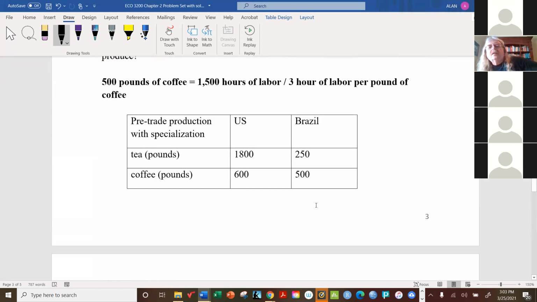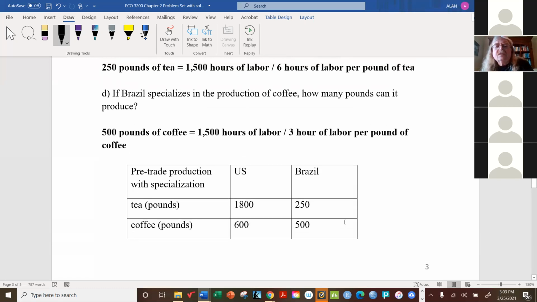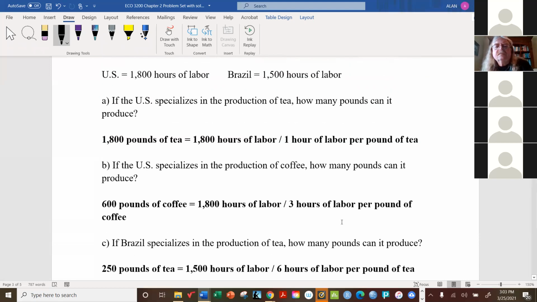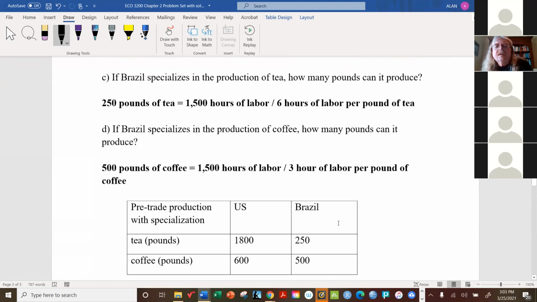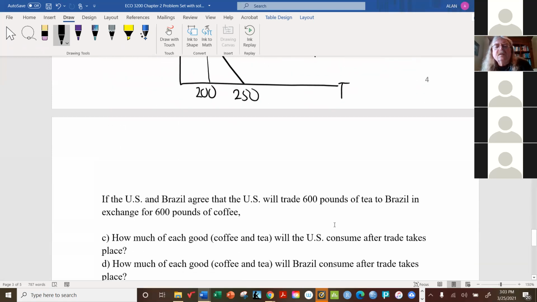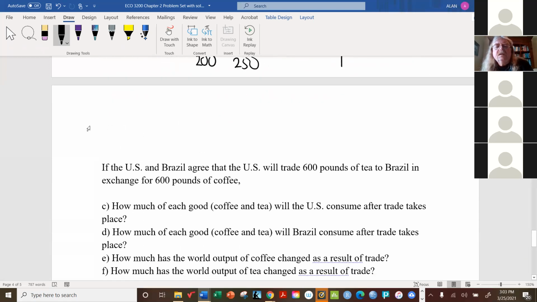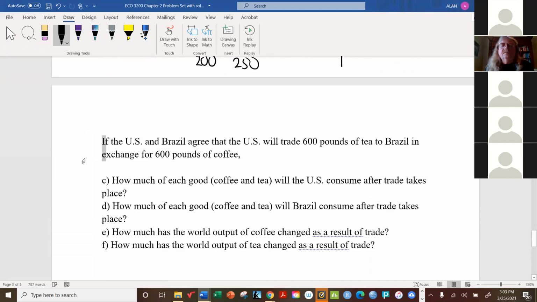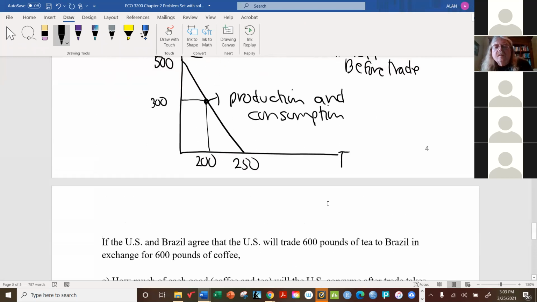And now what we're going to do is try to figure out what happens when they do decide to trade with each other. And of course, that means that the US, being so good at making tea, is going to make tea, and Brazil is going to make coffee. All right, so in the next part, oh, wait a minute now.